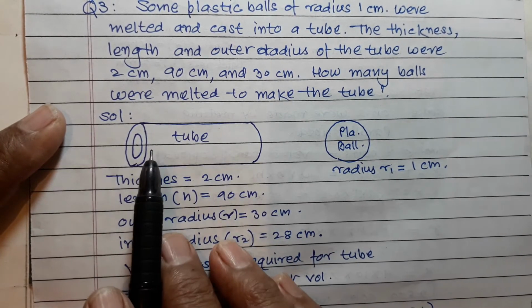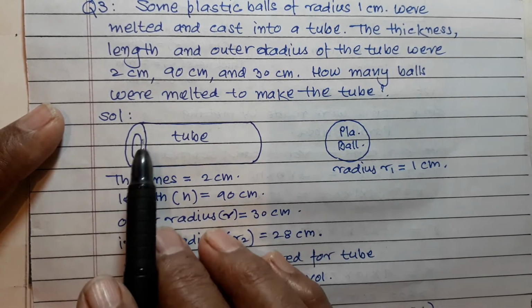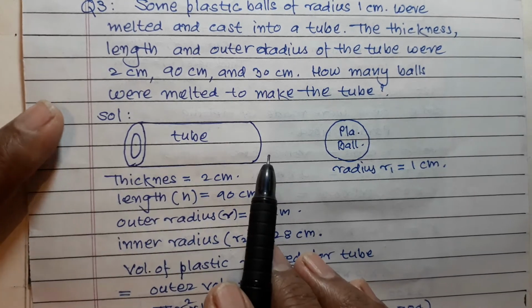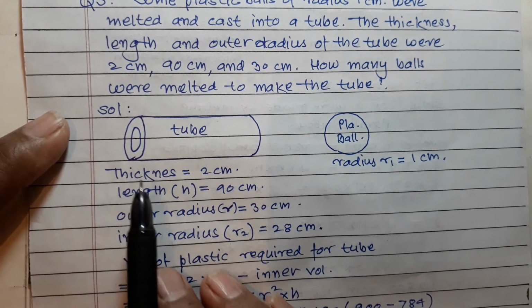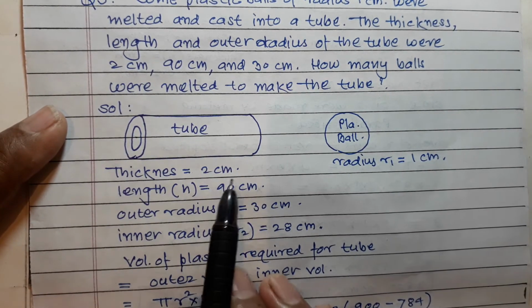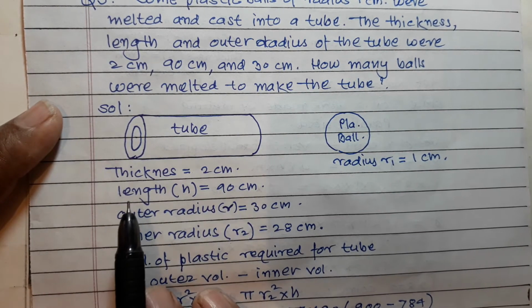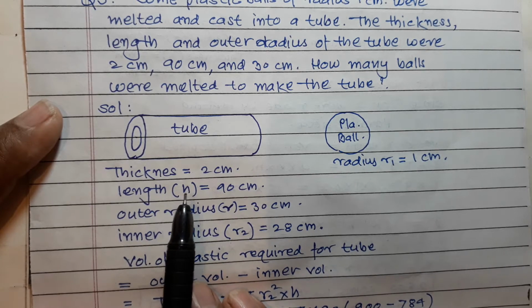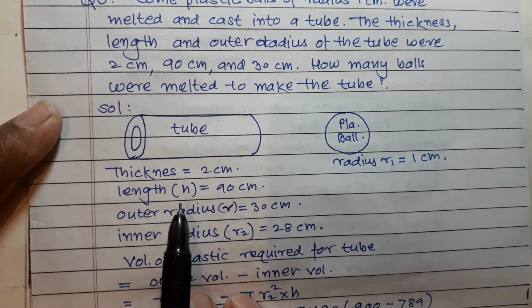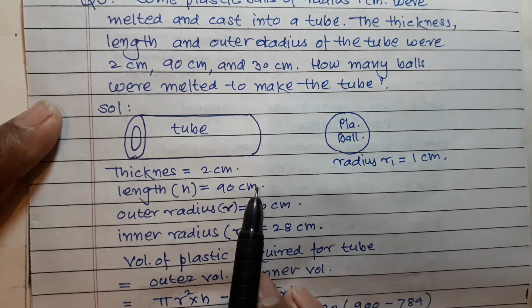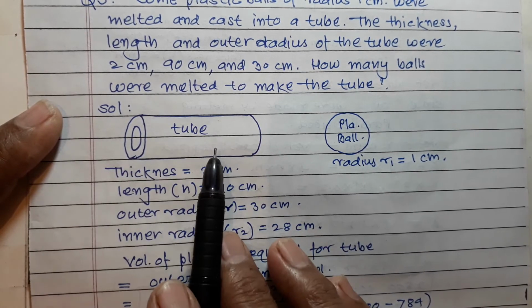Now this is a tube and this is a plastic ball. So for tube, thickness is equal to 2 centimeter, length h is equal to 90 centimeter, because this is a cylindrical shape.